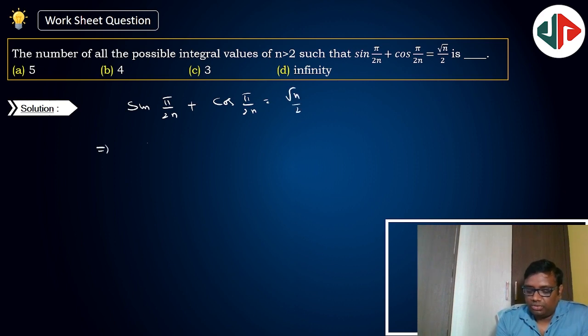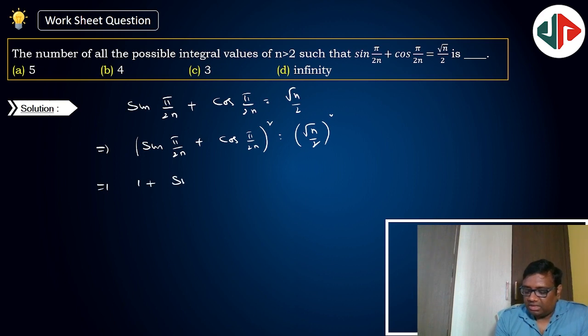Squaring on both sides, sine of pi by 2n plus cos of pi by 2n whole square is equal to root n by 2 whole square. So it is nothing but 1 plus sine of 2 into pi by 2n is equal to n by 2. How, sir? (a plus b) whole square is a square plus b square plus 2 times a into b.